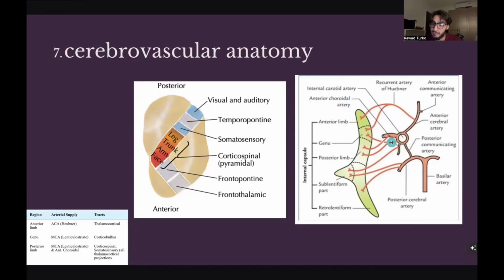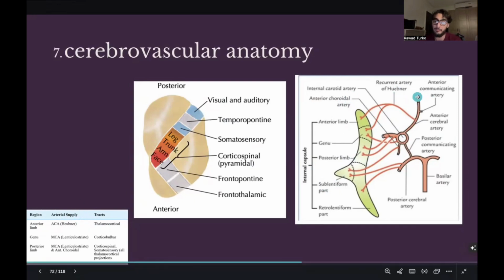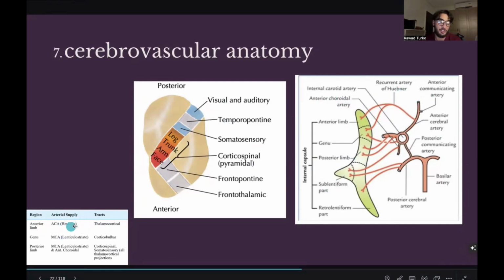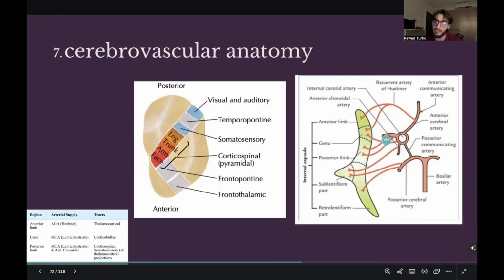You'll see right here it's also supplying the genu of the internal capsule, as well as specific parts of the posterior limb coming from the lenticulostriate arteries. Okay, so again, anterior limb from the ACA, from the recurrent artery of Hübner. The genu from the MCA, specifically the lenticulostriate arteries, and the posterior limb from the anterior choroidal and the MCA lenticulostriate arteries.